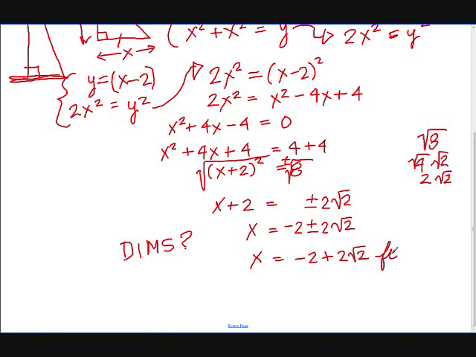Now it is a pretty crummy looking answer, isn't it? If you're ever talking to anybody, like a carpenter or something, and you told them negative 2 plus 2 square roots of 2 feet, they would laugh at you. So you might want to figure out what this is in decimal, but this is the exact answer. We're going to call it quits for the day.